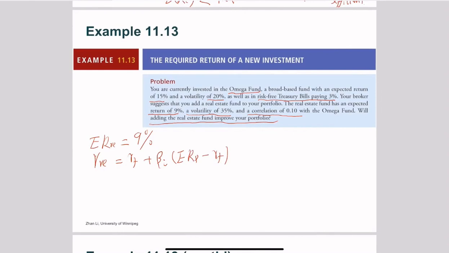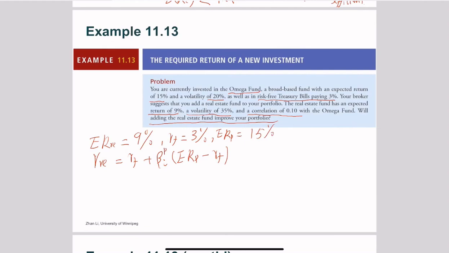Now, let's see what numbers do we have here. So we clearly have RF, right? Risk-free rate is given by 3%. Now, what is RP? Well, RP is this Omega fund, right? Portfolio P is Omega fund. So RP, or expected return of RP, is given by 15%.